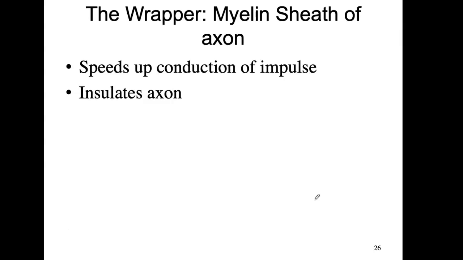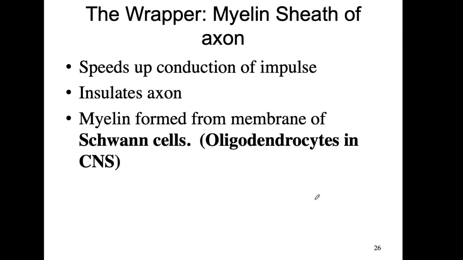It's an insulator. It doesn't let ions leak in or out without you wanting that to happen. And this myelin then is formed from membranes of the Schwann cells or oligodendrocytes in the CNS. This you should remember from anatomy. Two types of cells that are going to just wrap around these axons and speed up the conduction and form insulation.